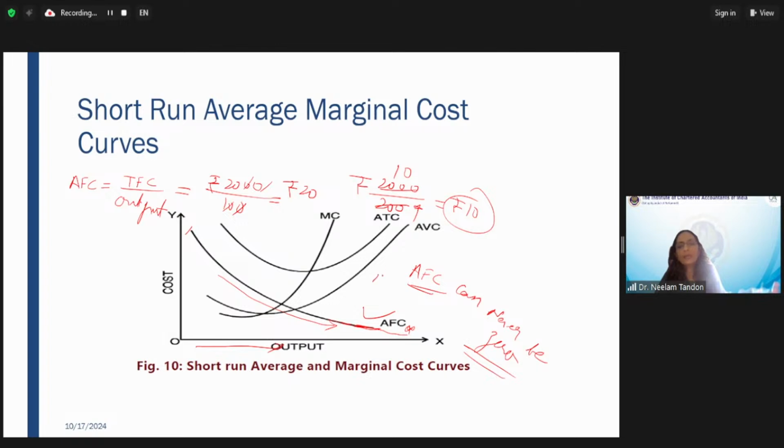Because TFC can never be 0. Since TFC can never be 0, the numerator can never be 0, and that is why this will never touch the x-axis. So remember, आप इसको डाउनवर्ड स्लोपिंग बना सकते हैं, but याद रखिए इसको x-axis से टच नहीं होना चाहिए. AFC should not touch the x-axis. Okay, so once you know AFC, now what about this one?